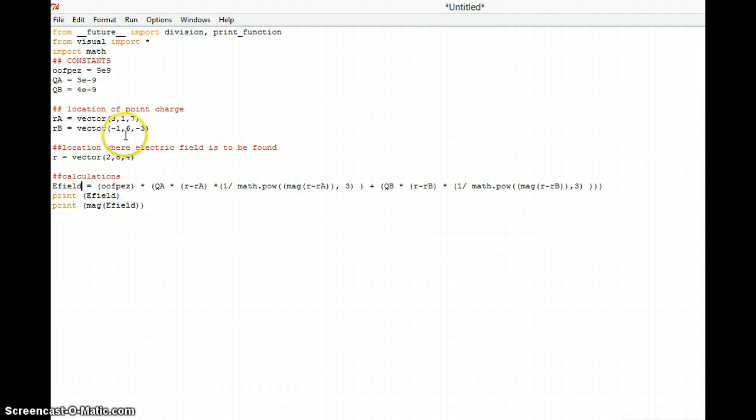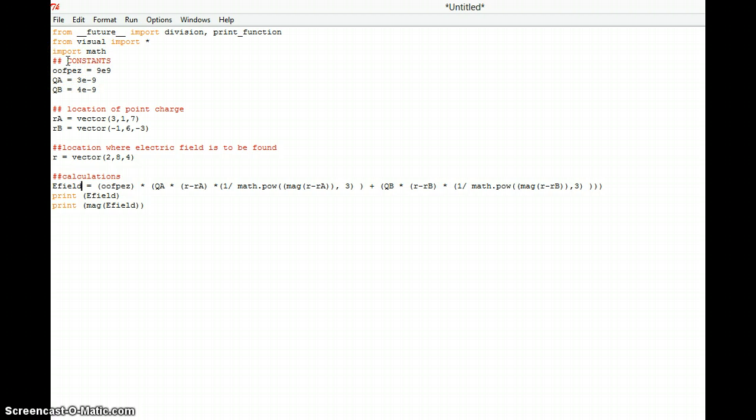Alright, there is my program right here. So I did from __future__ import division, print_function, so that it works in VPython, and from there I imported math, which helps me do my calculations.